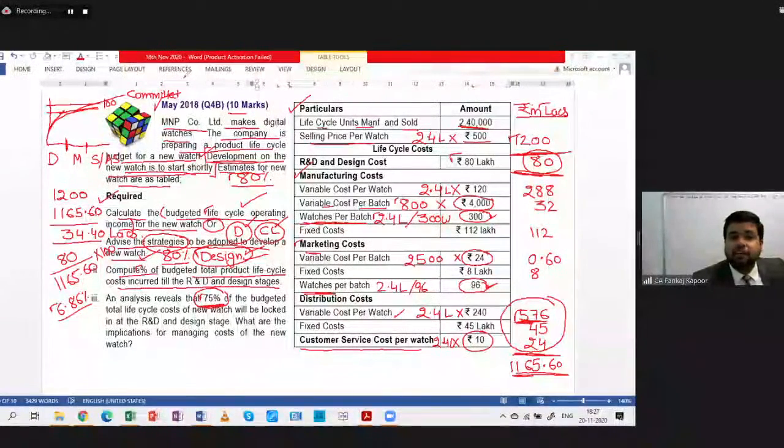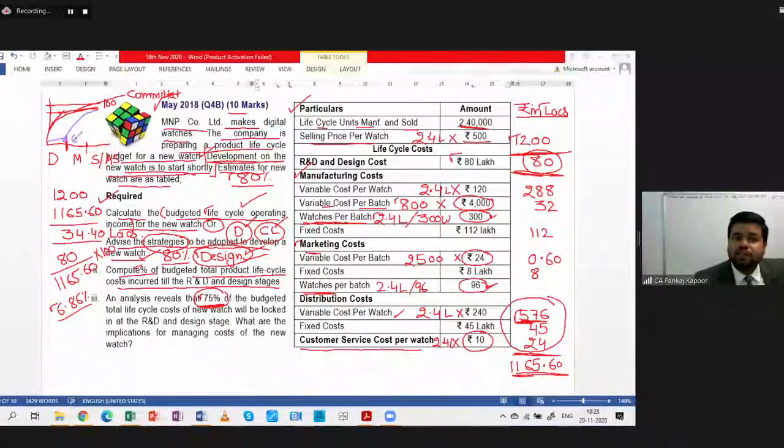As against that, if I draw the curve of how we incur the cost, at the design phase we incur very little cost. The majority of the cost we incur when we manufacture the product, and the remaining cost we incur when we sell the product. So you can see the difference. The cost incurred till the design phase in the current question itself is how much?